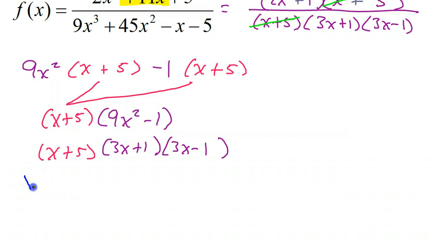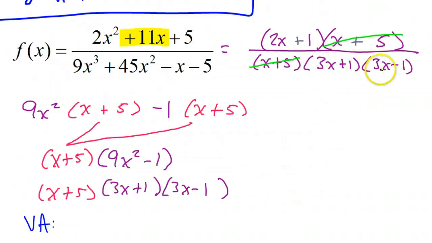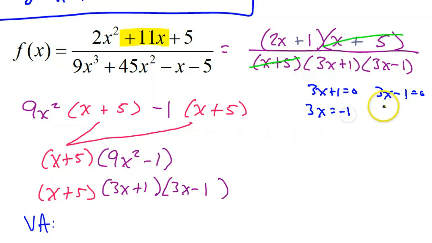So vertical asymptotes. If I set the 3x plus 1 and the 3x minus 1 equal to 0, this is going to give me 3x equals -1 and 3x equals +1. Dividing by 3 on both sides will give me x equals -1/3 and x equals +1/3.